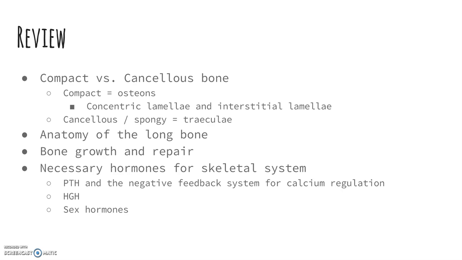I drew that on the board, and we talked about the epiphysis and the diaphysis and where the epiphyseal plate was. We talked about bone growth and repair, and we looked a little bit at the very end, ran out of time a little bit, about hormones like human growth hormone and pituitary growth hormone and the sex hormones and how they're necessary in skeletal system and bone growth.